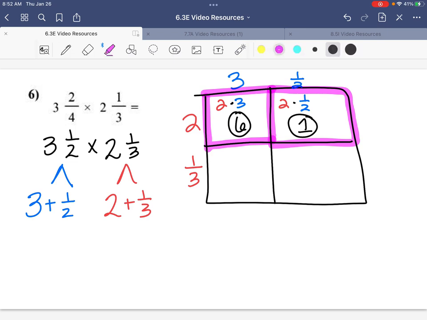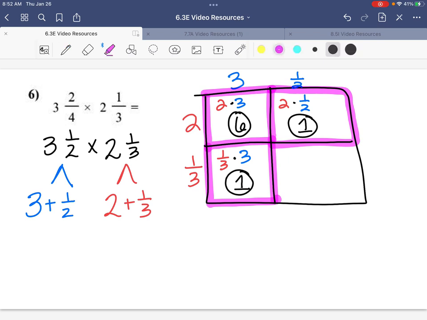And then this next one, so now I'm multiplying the 1/3 times the 3 wholes. And I know that 1/3 of 3, or 3 groups of 1/3, is just 1 whole.